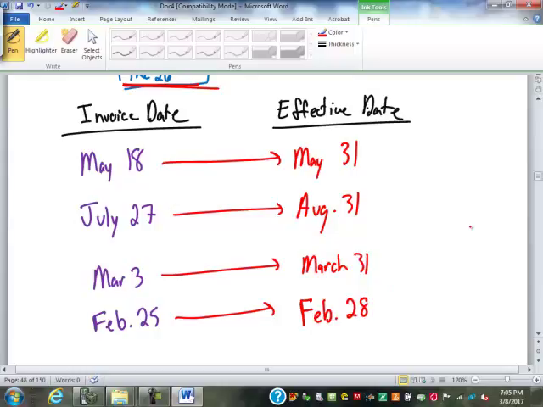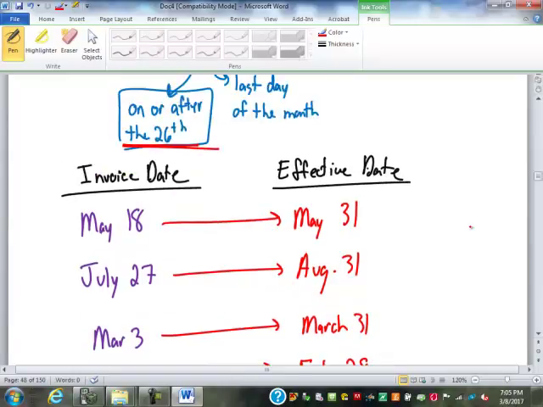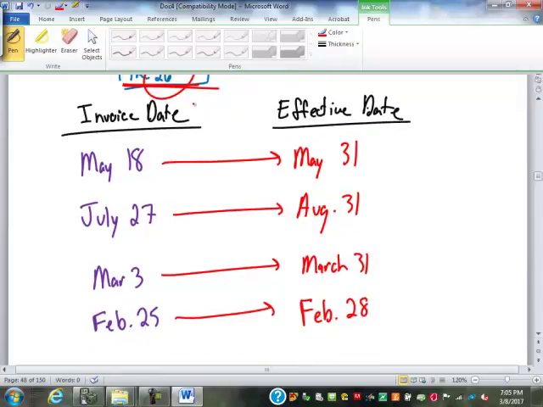I get asked this all the time: when February is so short, don't they need more time? In reality, they would. But to keep this class simple, we're sticking to the 26th as the cutoff. So the 25th still makes it into the February batch, even though it's a stubby month.